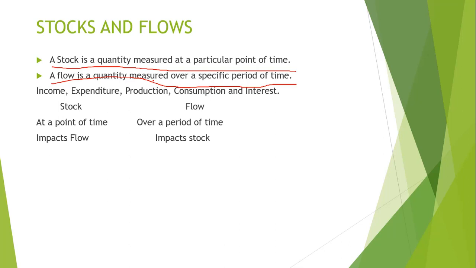After working for a week or an hourly wage, that means after an hour or a week, you are paid a certain amount of money. Income, expenditure, production, consumption, and interest are basically variables of flow.